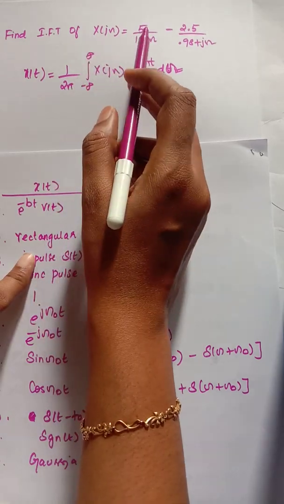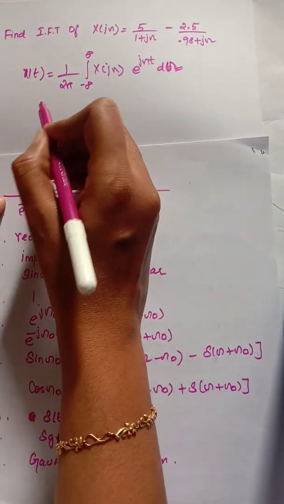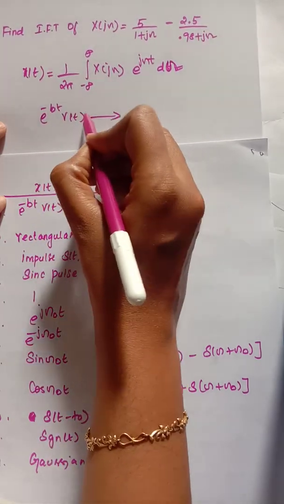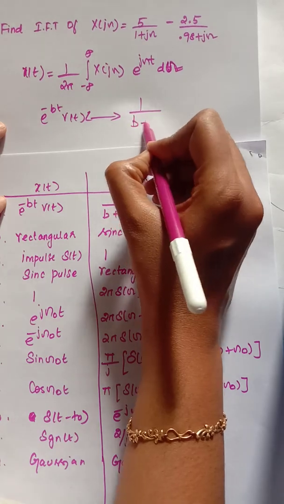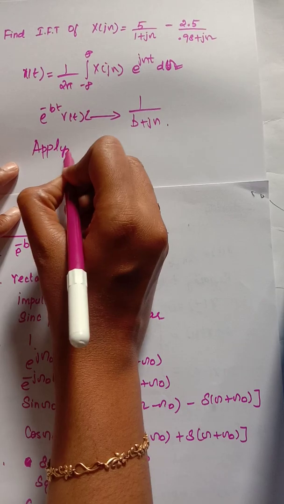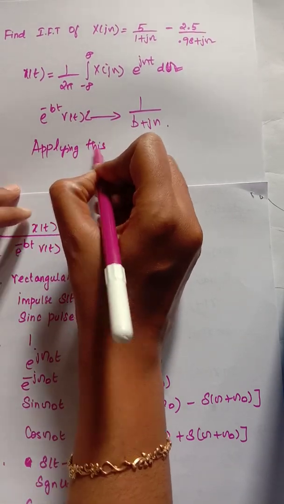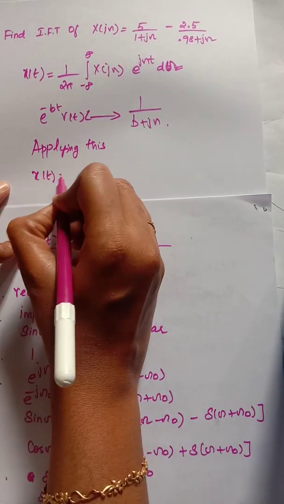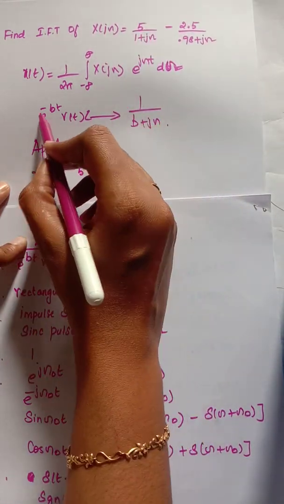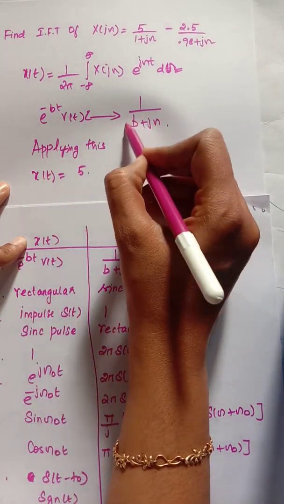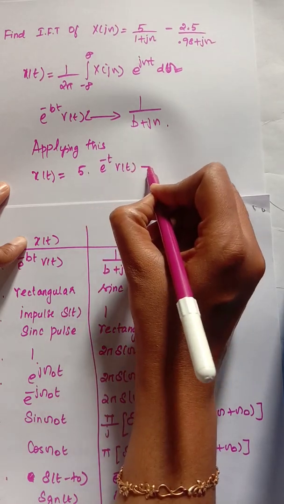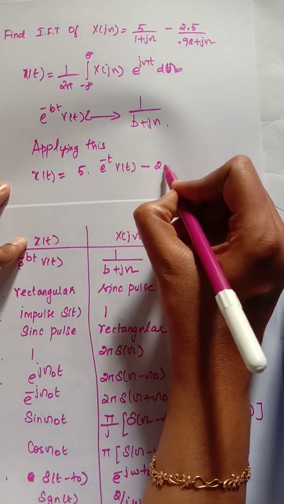X of j omega is equal to 5 by 1 plus j omega. So what you need to recall is that the transform of e power minus bt u of t is 1 by b plus j omega. Now applying this, x of t equals, here 5 is a constant, so there is no need to do anything. 5 e power minus bt u of t, instead of b you have 1, so e power minus t into u of t, minus 2.5, which is also a constant.